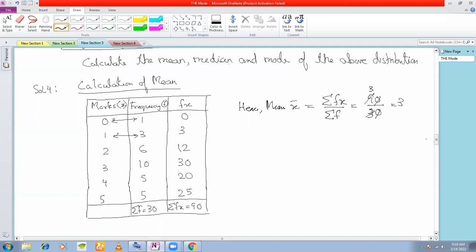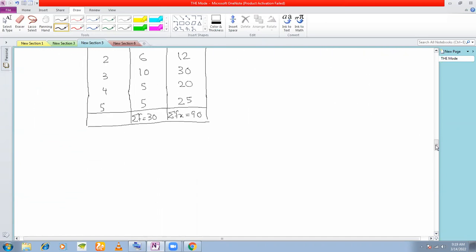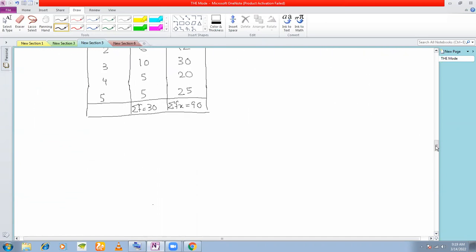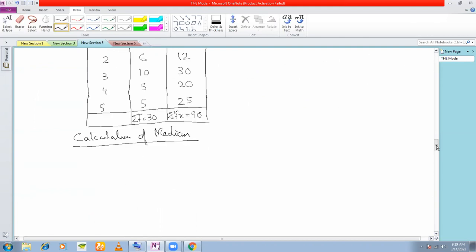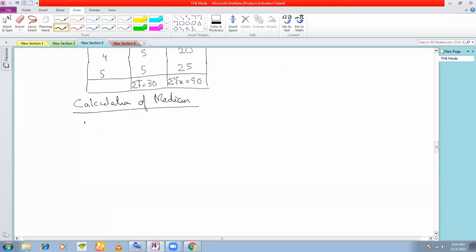Now we will move on to the calculation of median. How do we calculate the median here? What we are going to do is again draw a table. The first two columns will remain the same, but the third column in this case will be for cumulative frequency, or CF.